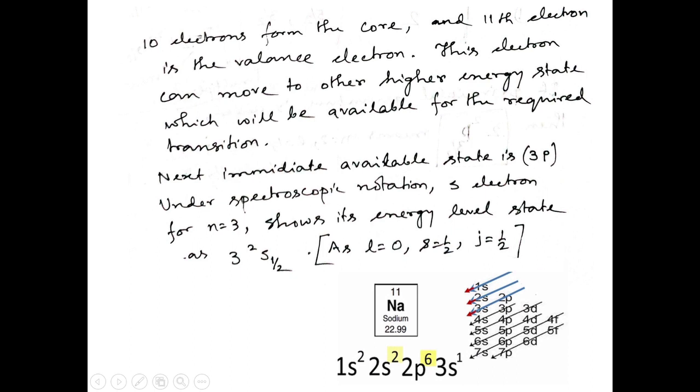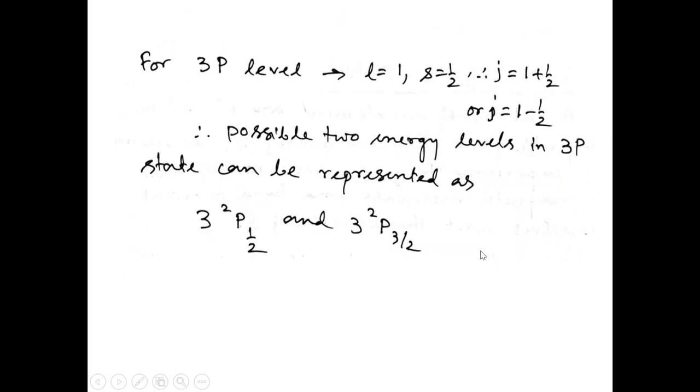So L equal to 0, S equal to half, and J equal to half. For 3p level, L equal to 1, S equal to half. So those two levels will be designated as 3 2P half and 3 2P 3 by 2, where those possible energy levels are represented by these spectroscopic notations.